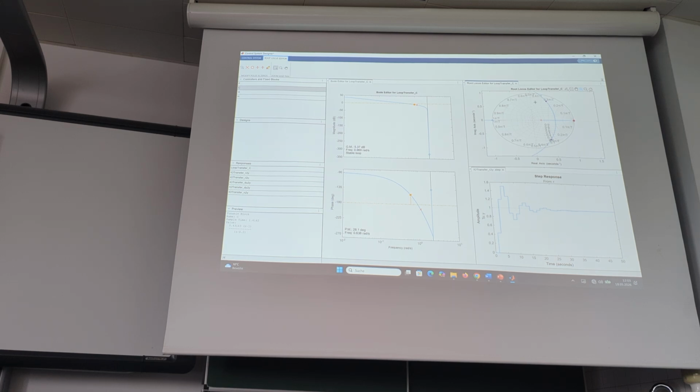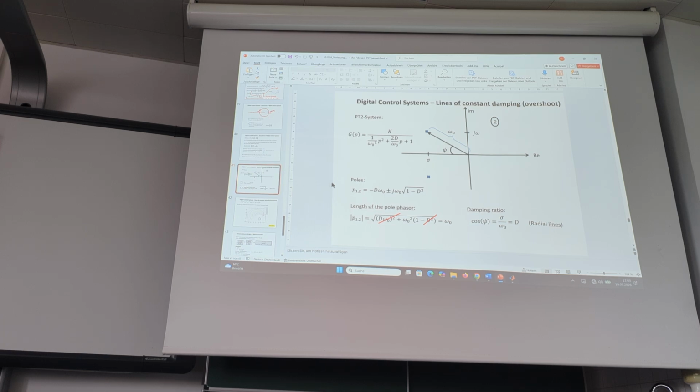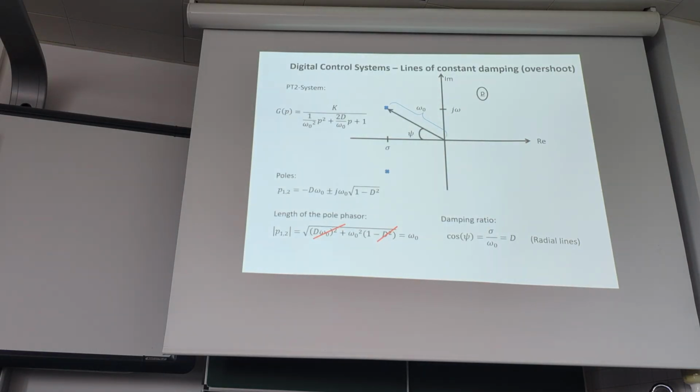So the lines that are displayed here in the root locus curve in the complex domain are actually lines of constant damping and lines of constant natural frequency, omega 0. And it's also possible to calculate those lines in the following way.